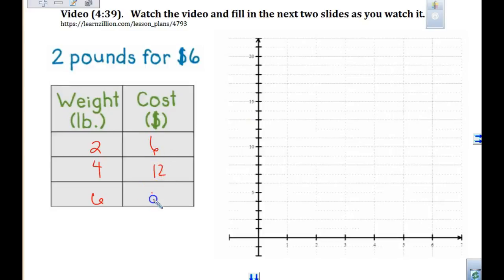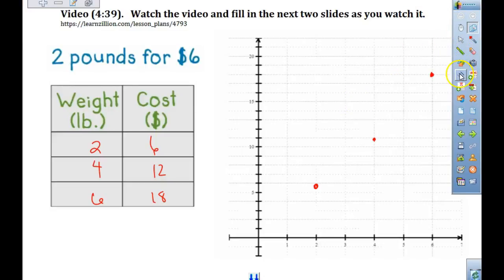And I should see your graphs. So I should see at 2, you were at that point 6. At 4, I should have seen 12. And at 6, I should see 18. And then you are always going to make a straight line.